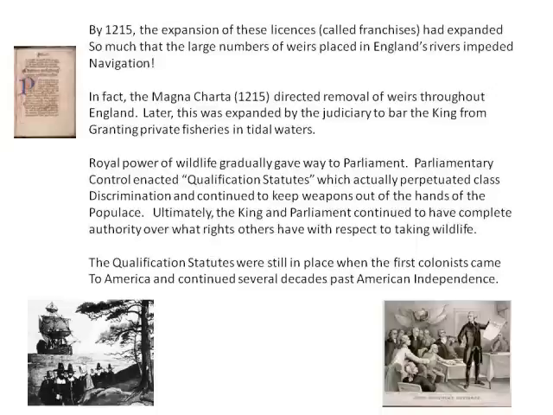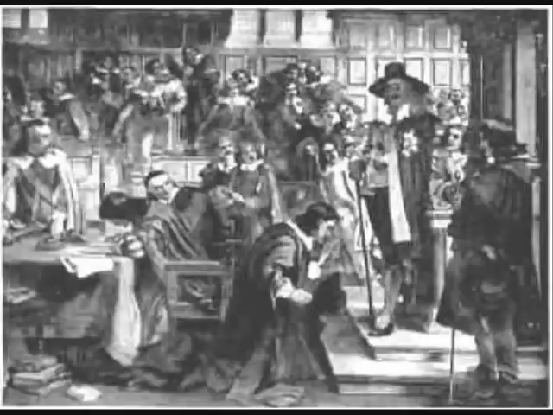Over time, royal power over wildlife gradually gave way to Parliament, and Parliament became in charge of this. However, this didn't really change how the wildlife were dealt with. The principal mechanism of parliamentary control was the enactment of so-called qualification statutes.